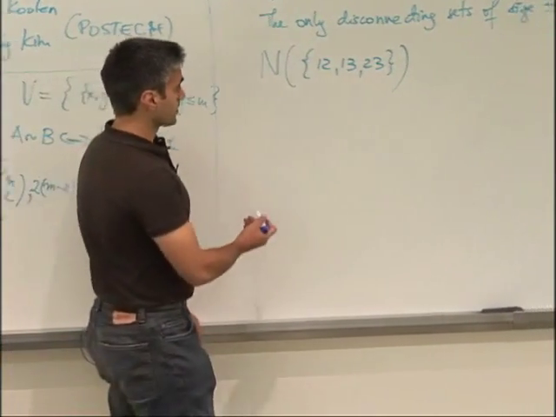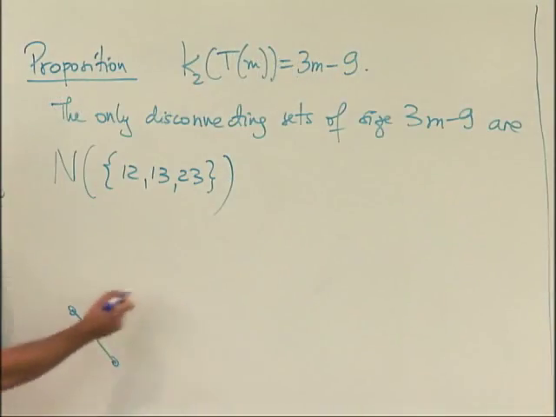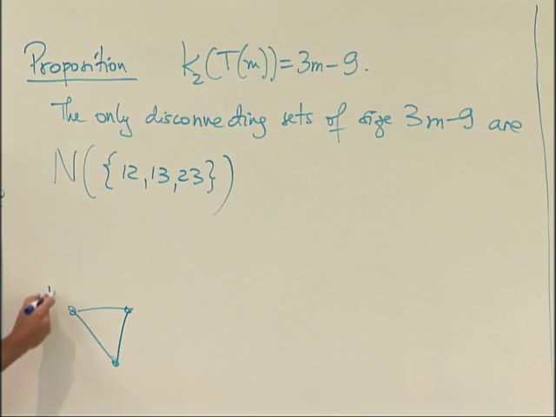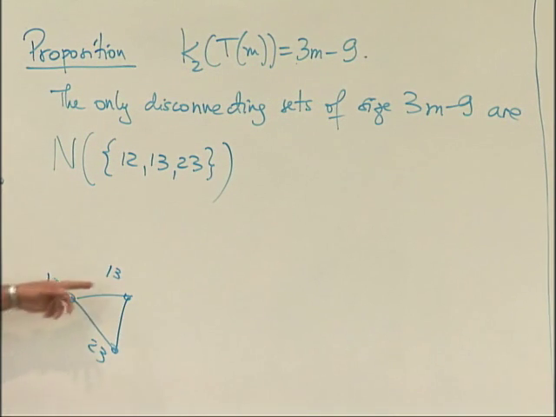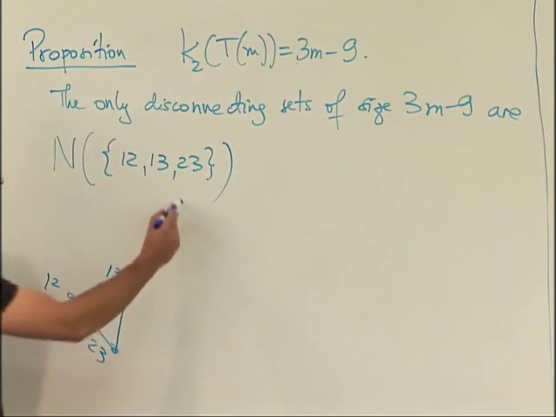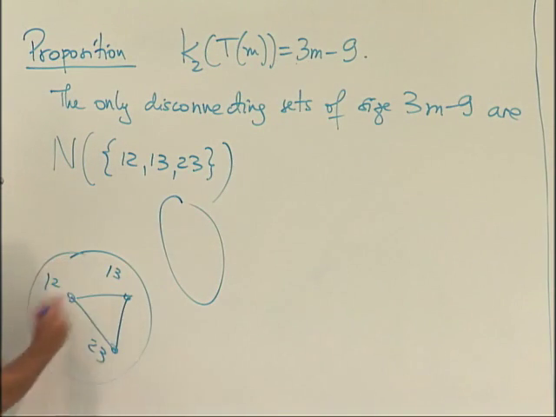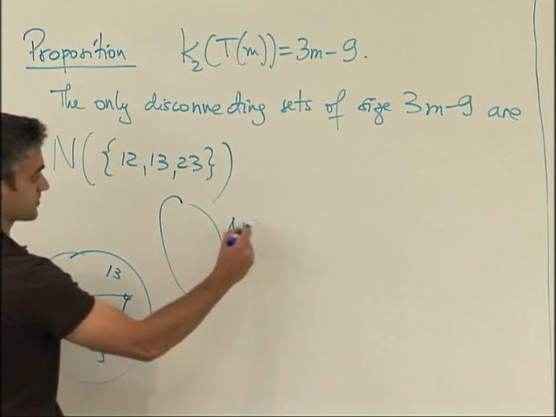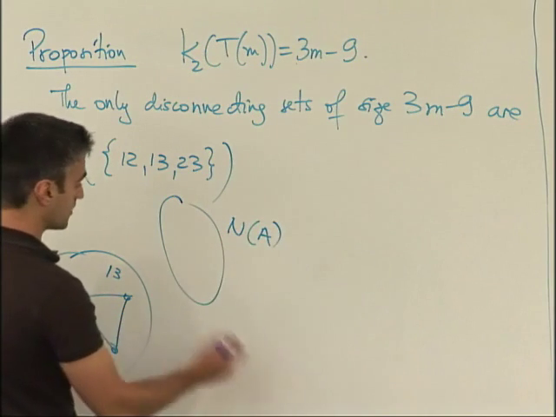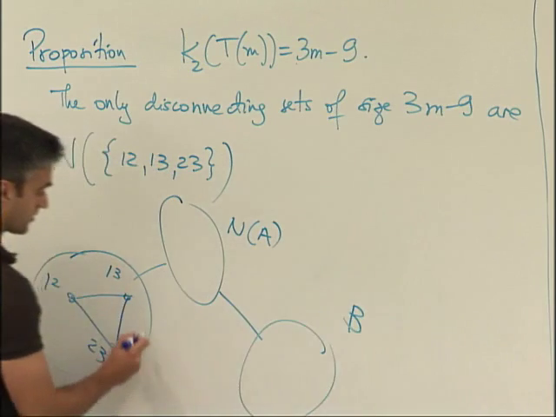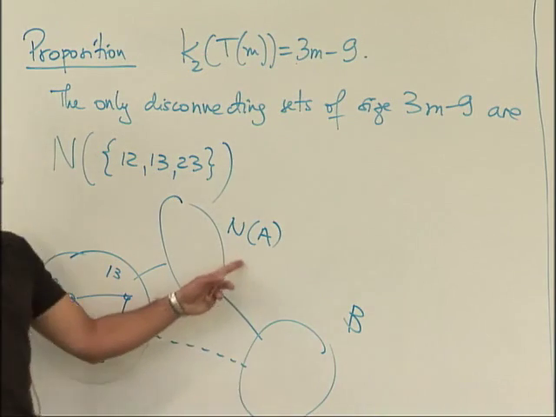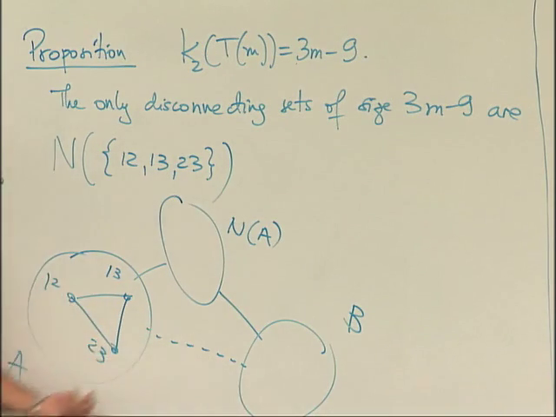So first of all, here's the picture. You have the vertices {1,2}, {1,3}, {2,3}. Here you have a triangle because any two of them share one part. This is my set A, and now I'm going to look at the neighborhood of A. Here is what is left, I'll call it B. And obviously, by the definition of the neighborhood, I don't have any edges here.